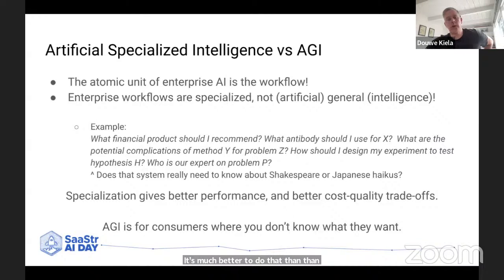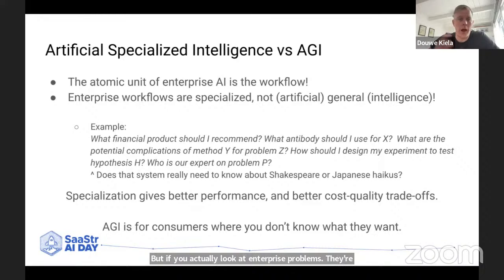If we look towards where we're going, there's a lot of excitement about AGI, obviously. And AGI is a gateway to the rest of the world learning about AI in general. But if you actually look at enterprise problems, they're very different from consumer problems, right? I think AGI really is for the consumer market, where you don't really know what consumers want.